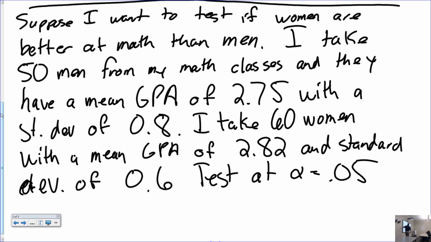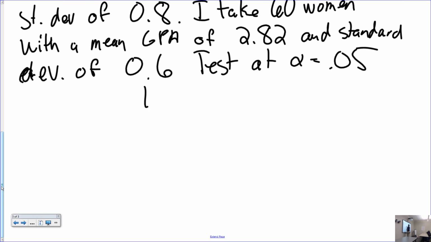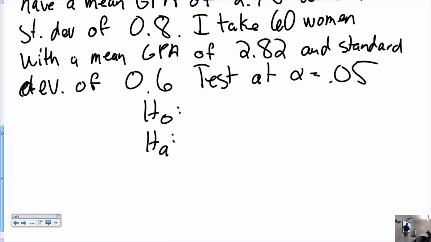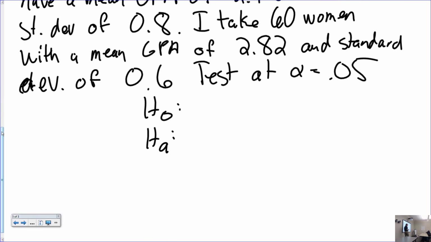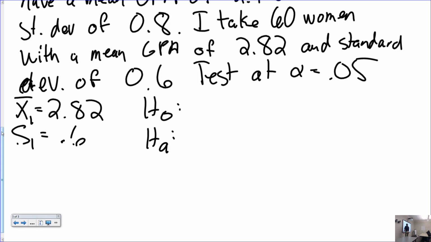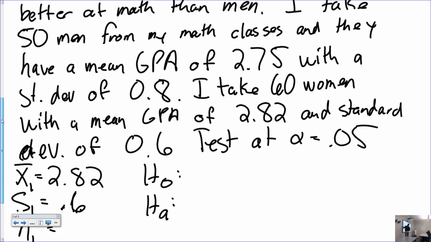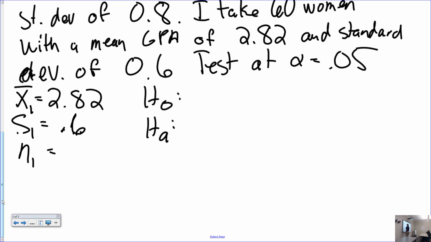So, since this is hypothesis testing, H0 and Ha. Now before you jump into this, folks, you've got to define your populations first. You've got to define which is your first population and which is your second population. So X bar 1 is 2.82, S1 is 0.6, and N1 is, how many women did I pick again? 60.